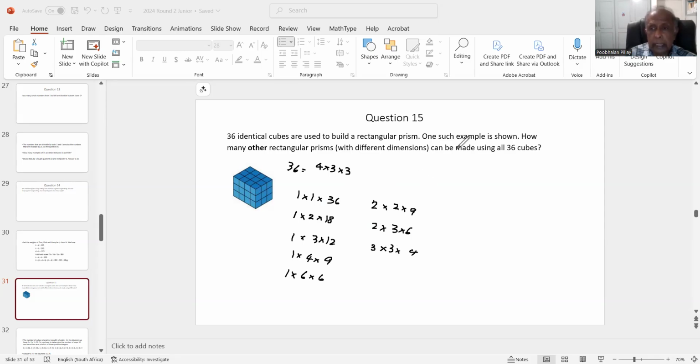And they say how many other rectangular prisms. So in other words, you don't want to repeat this now. So that gives you the number of rectangular prisms: 1, 2, 3, 4, 5, 6, 7. So the answer is there are 7 such rectangular prisms, and these are the dimensions of that. You can use that to construct a cube like this, which has got 36 cubes altogether, using the same cubes.